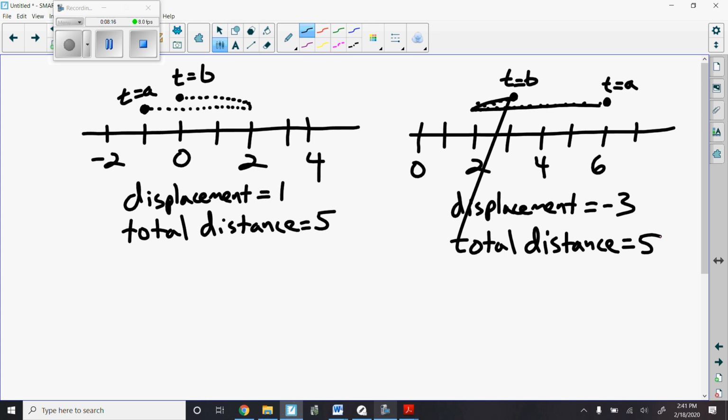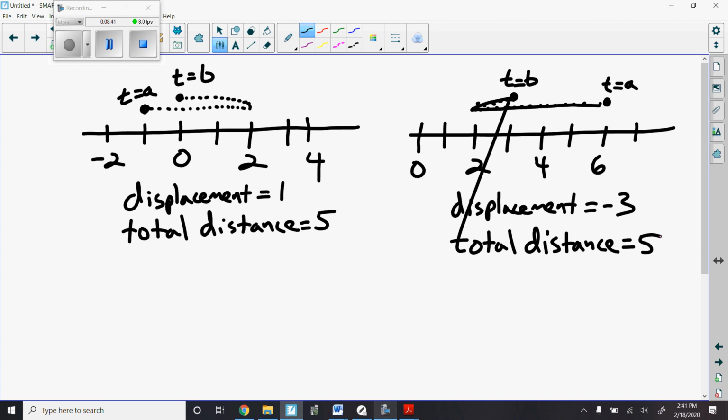Imagine that you're at home and you travel to school because you forgot your calculator, and then you drive back home, okay? Let's say you live 5 miles from the school. Well, that whole trip from home to school, back home again, what would your displacement be?